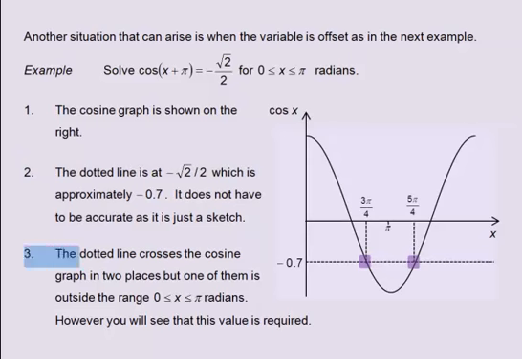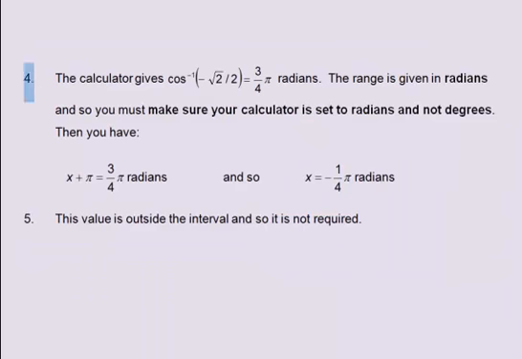3. The dotted line crosses the cosine graph in 2 places, but one of them is outside the range, x greater than or equal to 0 but less than or equal to pi radians. However, you will see that this value is also required. 4. The calculator gives inverse cosine of minus root 2 over 2 equals 3/4 of pi radians.